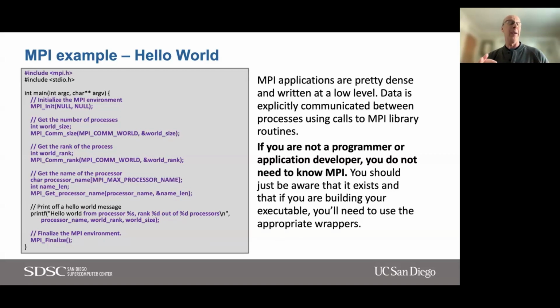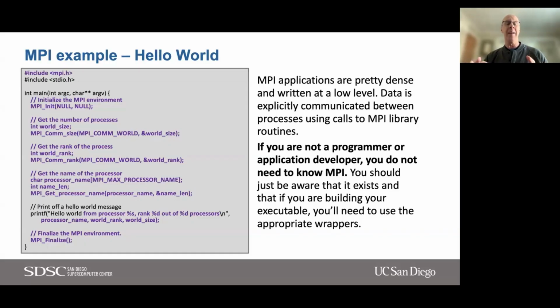And this is really important because when we initialize the MPI environment, what we're doing is we're creating multiple processes that are going to be communicating with each other. Many MPI codes are really running multiple instances of that program, and then they're communicating with each other using various MPI library calls.